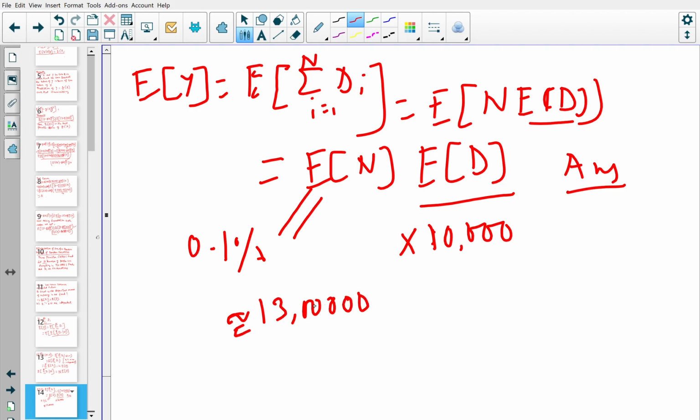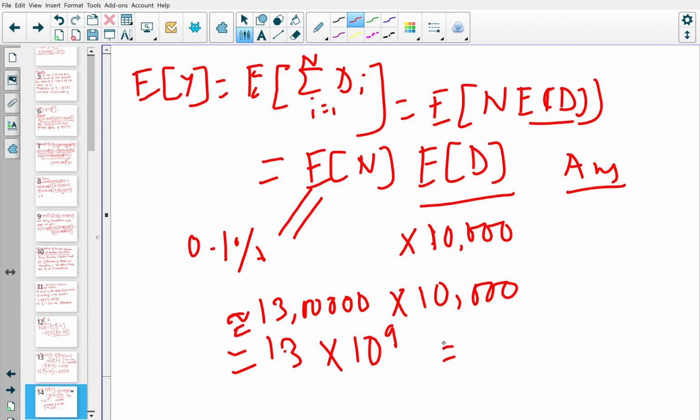So 13 lakhs into say 10,000. This amount will be 13 into 10 to the power 9, and you know that 10 to the 9 means billion, so this is roughly 13 billion rupees that will be gathered in the Prime Minister Care Fund.